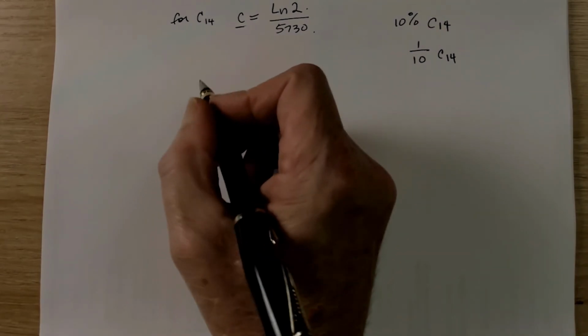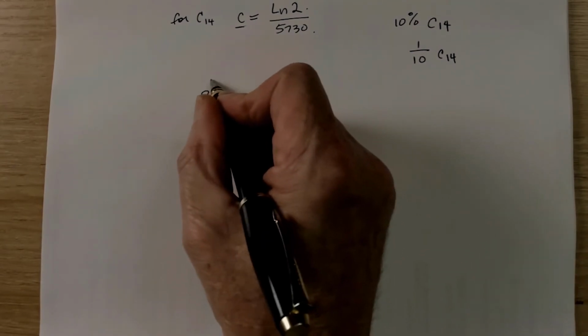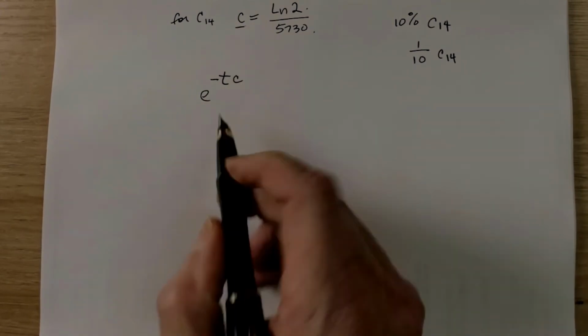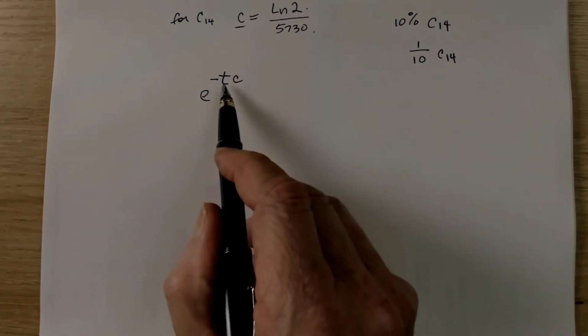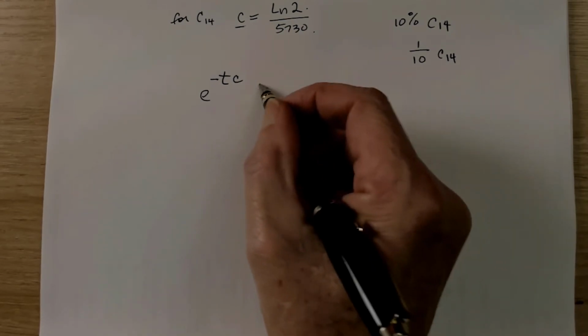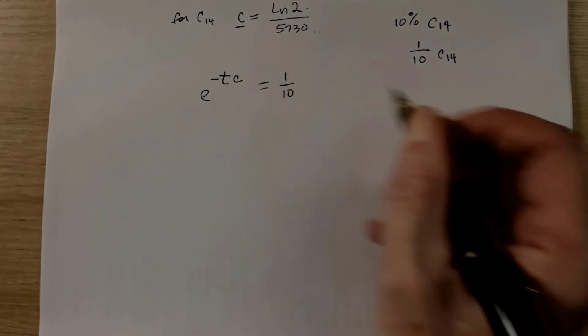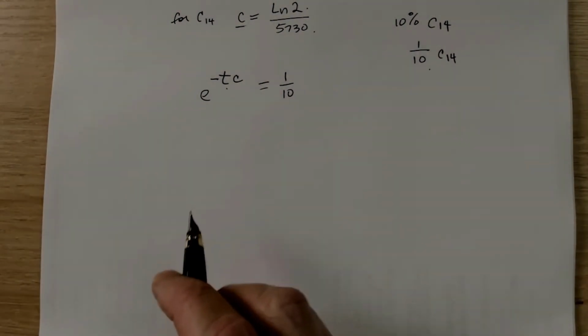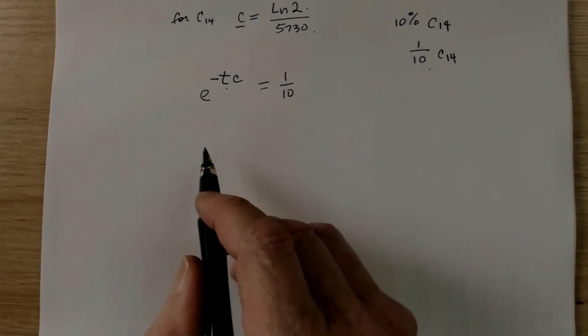Now, recall that our original equation is e raised to the power of -t times c equals 1/10, because we have 1/10 of the original carbon-14 left. What we want to do is we want to solve here for t.